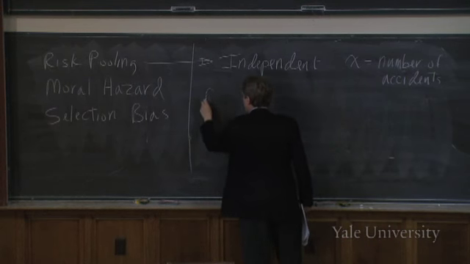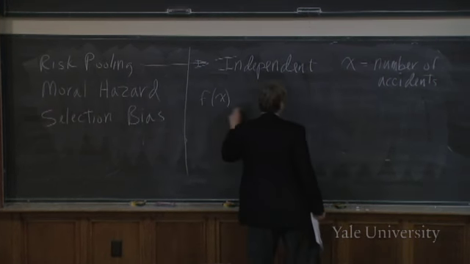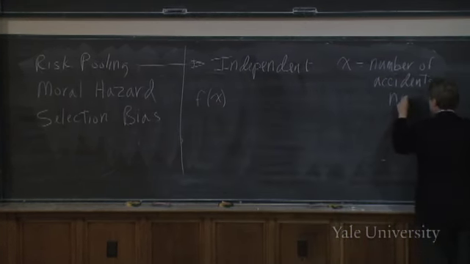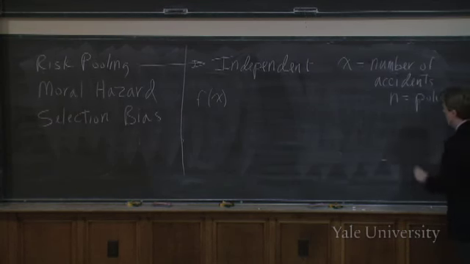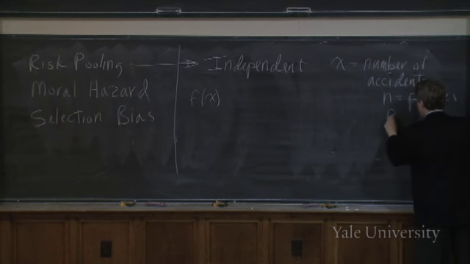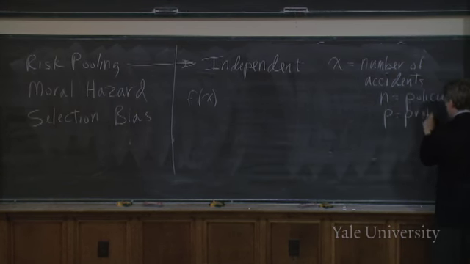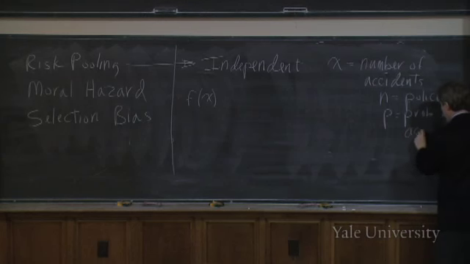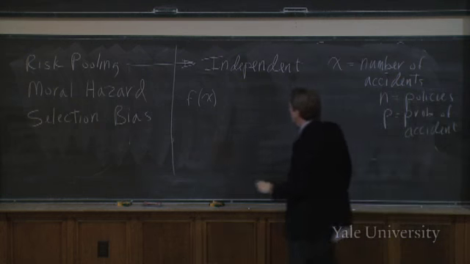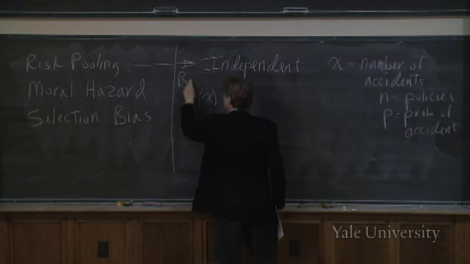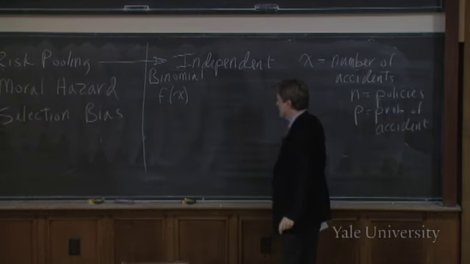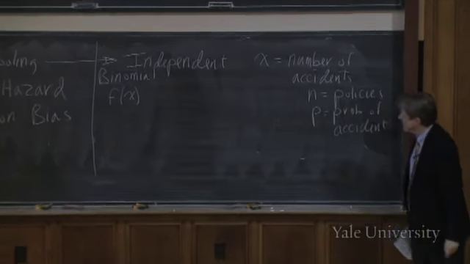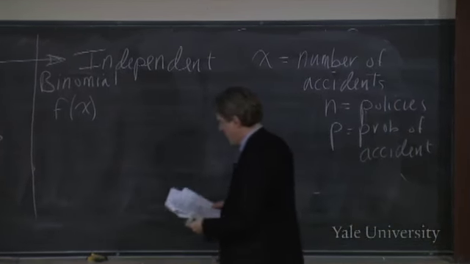N is the number of policies that you're writing, and P is the probability of an accident. Then the binomial distribution gives you the probability of having X accidents out of your N policies. And we had that before.